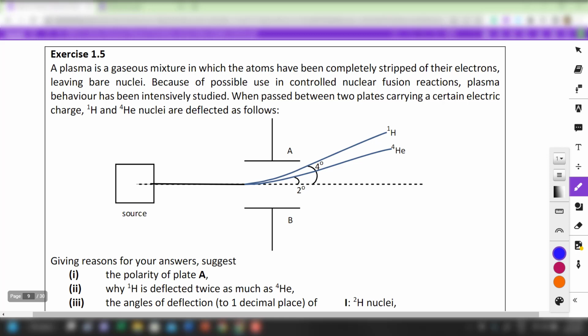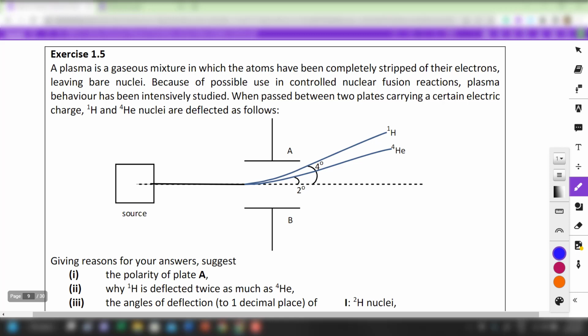Again, you are given the angle. This is the angle of deflection of 1H and 4 helium respectively. Give reasons for your answers, such as the polarity of plate A. Because both of them deflect towards A, and it's mentioned that the plasma is a gaseous mixture in which the atoms are completely stripped of their electrons, that means the particles are positively charged.